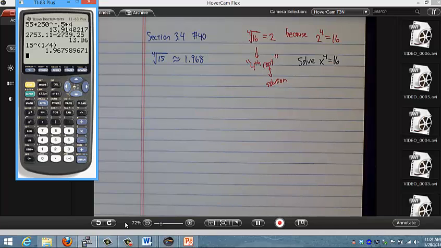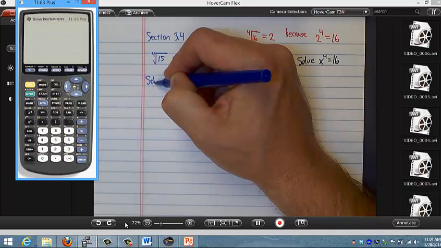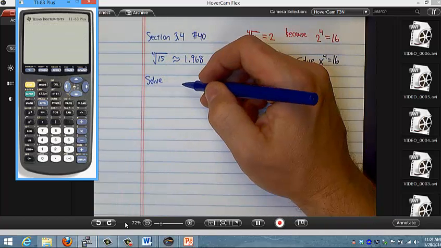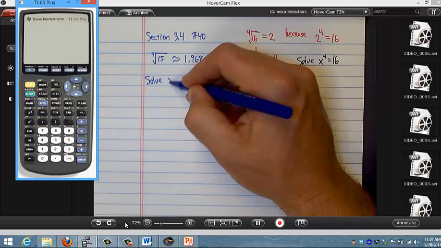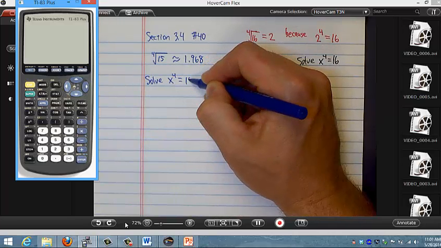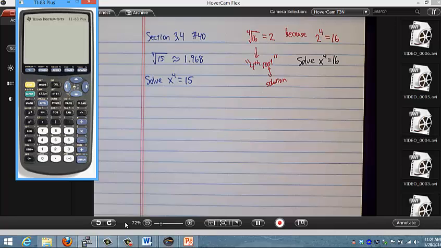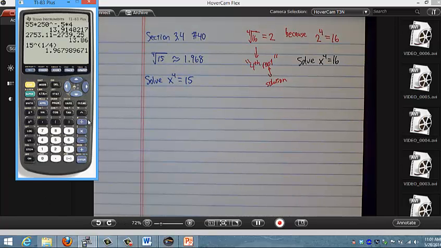So back to our problem. When I said compute the 4th root of 15, really what I could have said is solve what equation? x to the 4th equals 15. Does that make sense to you guys? Matter of fact, on my calculator, if I take my answer and raise it to the 4th power, I do get 15.